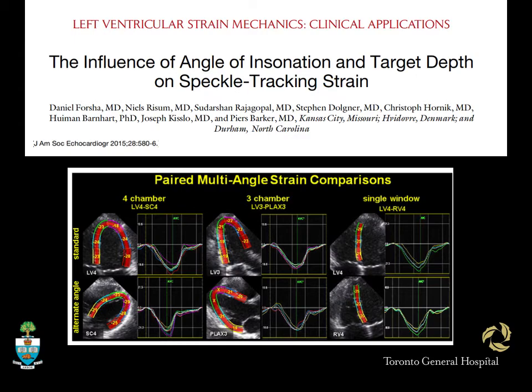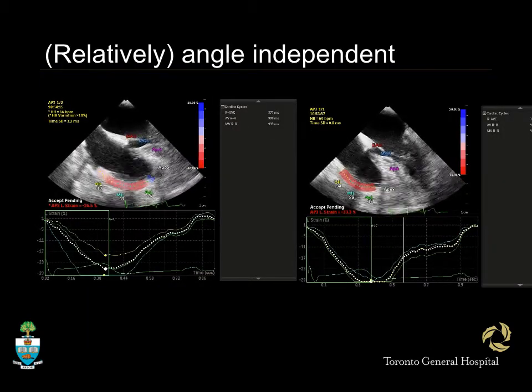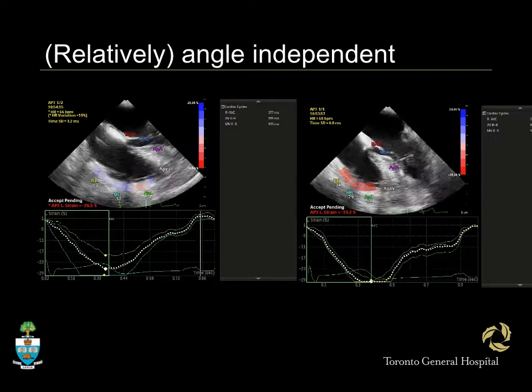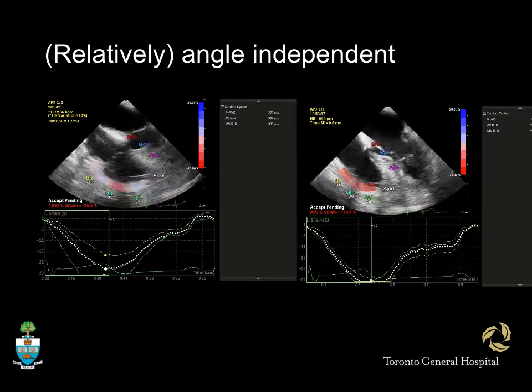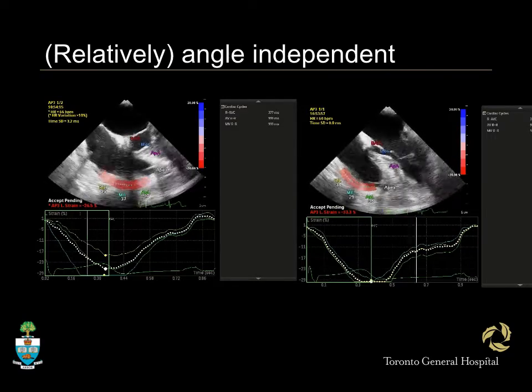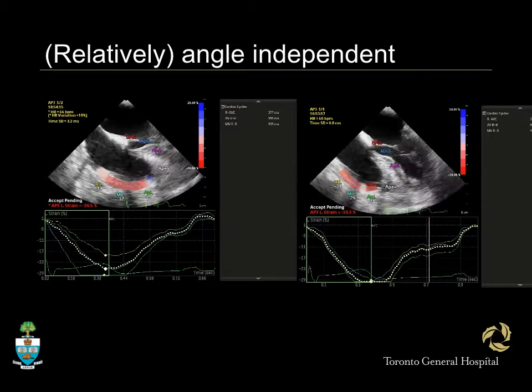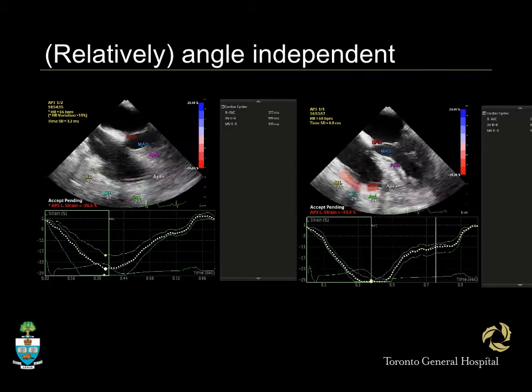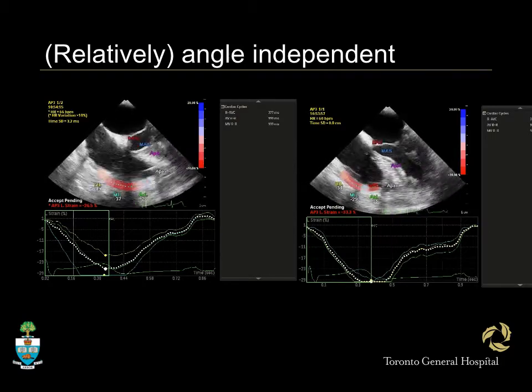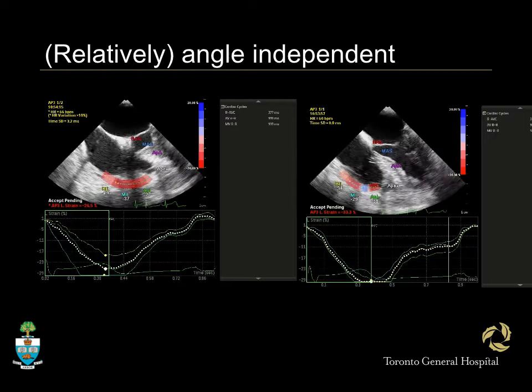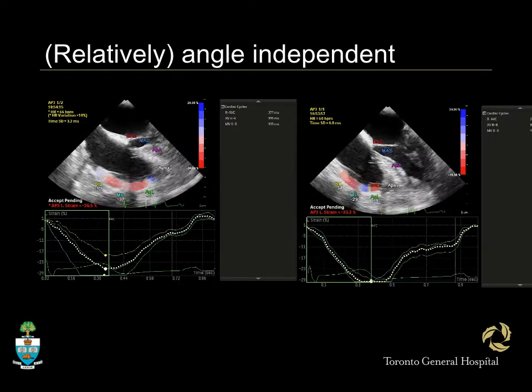This is something that needs to be kept in mind. And here, I was trying to see whether anecdotally I could show the same with right ventricular strain. This is the same patient, trying to get slightly different views, and I did get different numbers. This is 26 and this is 33, but it's exactly the same patient.